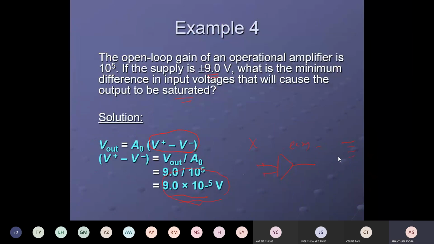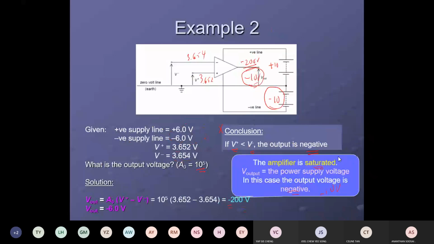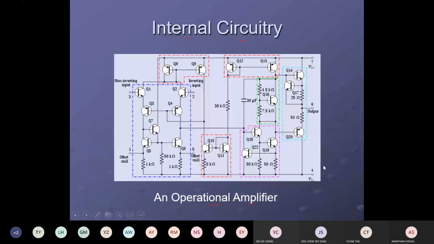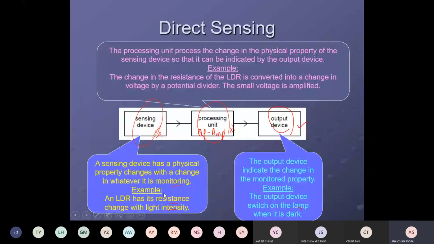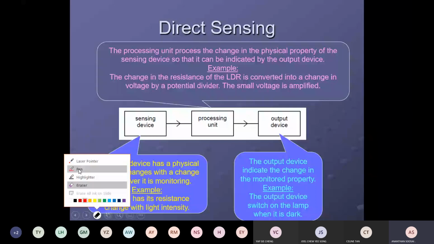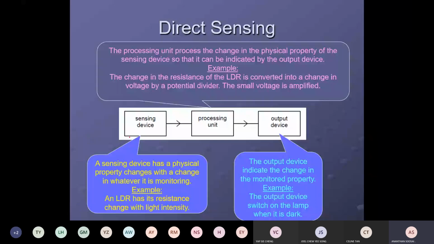So this is today's lesson. Okay, so let's recap what you learned today. You learned about the first department and half of the second department. In the first department, you learned about all the sensing devices. How many types of sensing device are there?